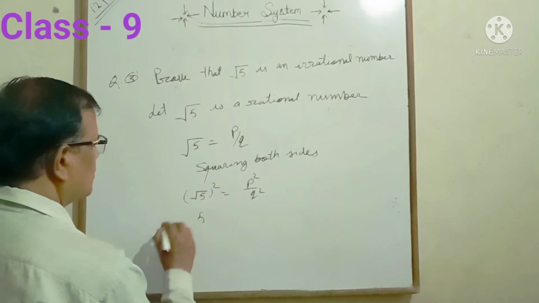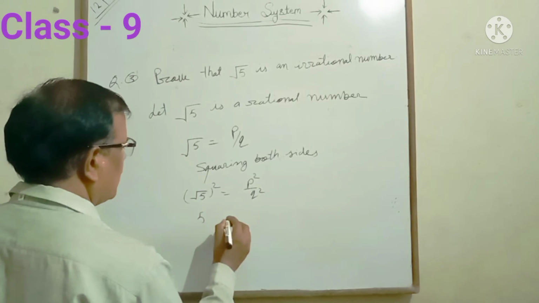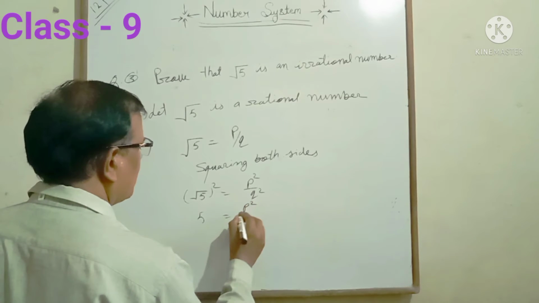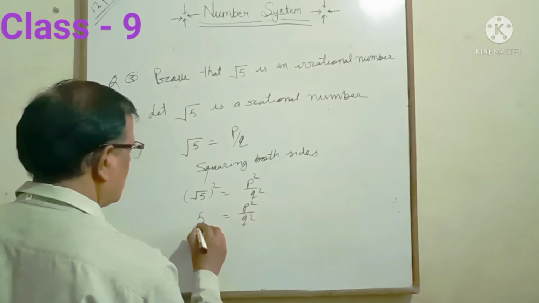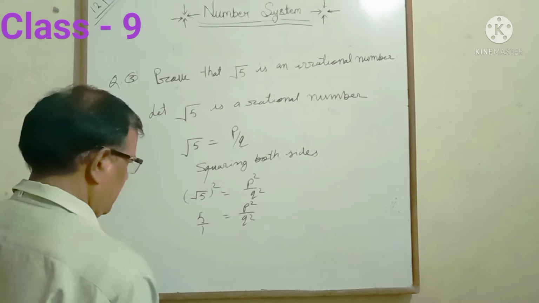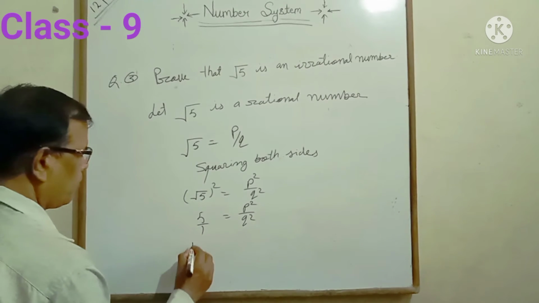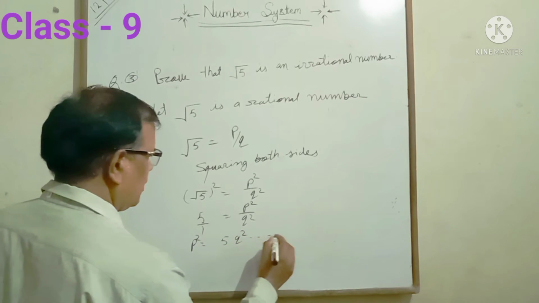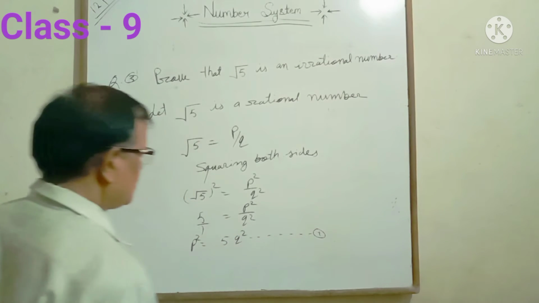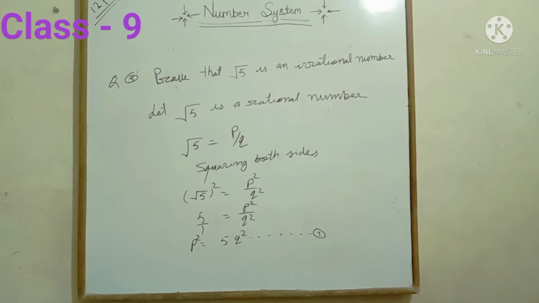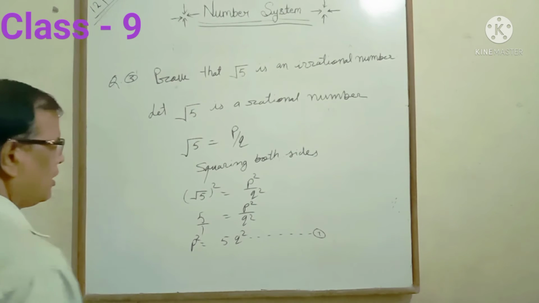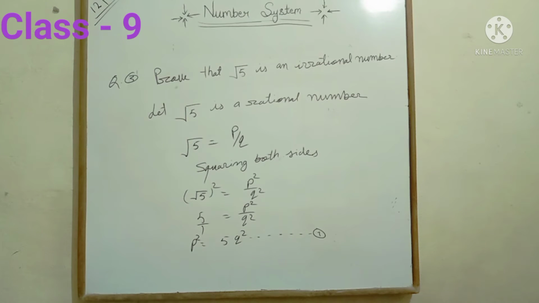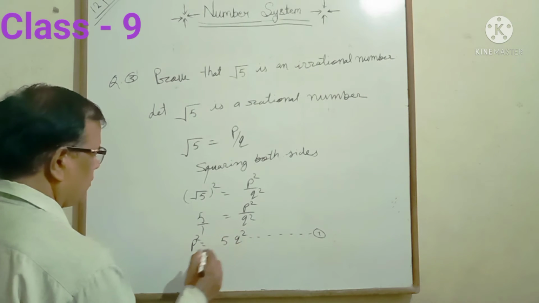The square of root 5 is 5. Now we get 5 equal to p square by q square. Here we can write by cross multiplication p square equal to 5 q square. This is equation number 1. We see here that p square is a multiple of 5, so p also has a factor of 5.